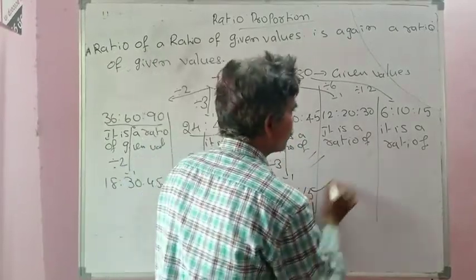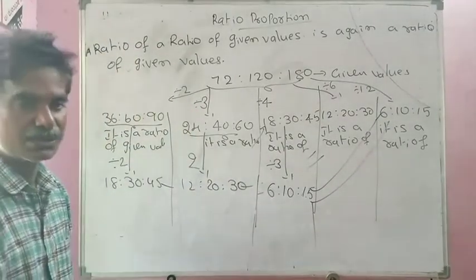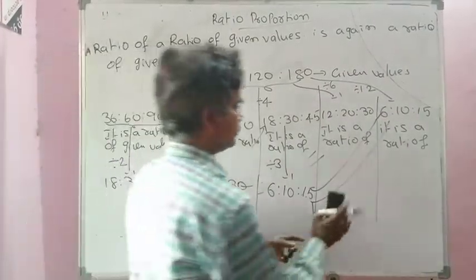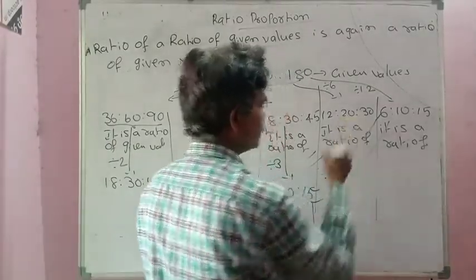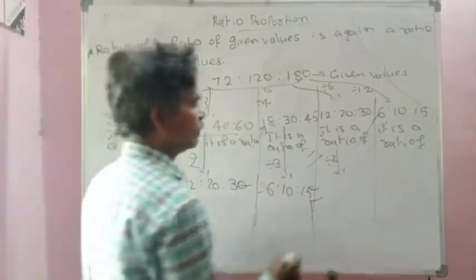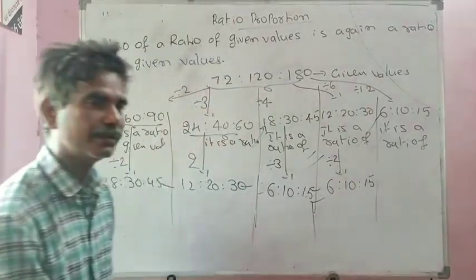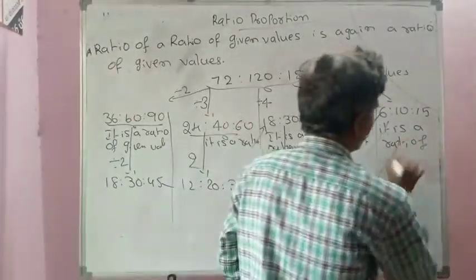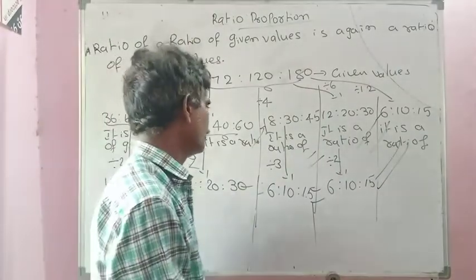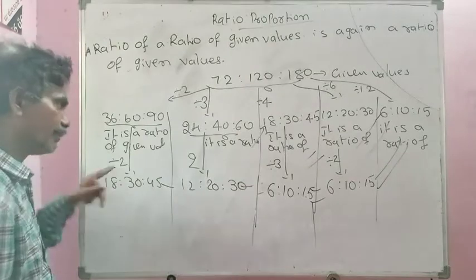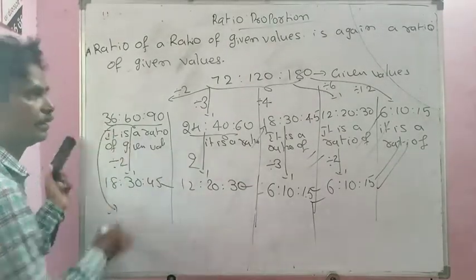But this one is equal to a ratio of given values. And let us find out ratio of this ratio. For that, let us divide these values by 2. Then you will get 6 is to 10 is to 15, which is equal to an already existing ratio. Next, let us find out another ratio of this ratio only.